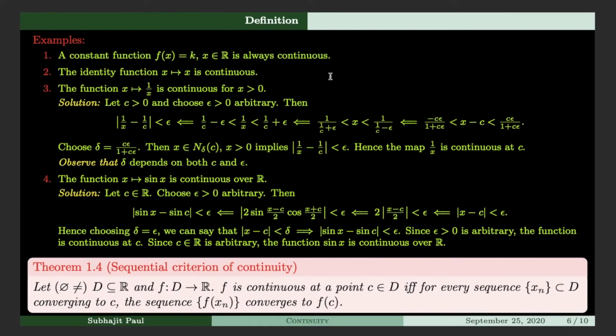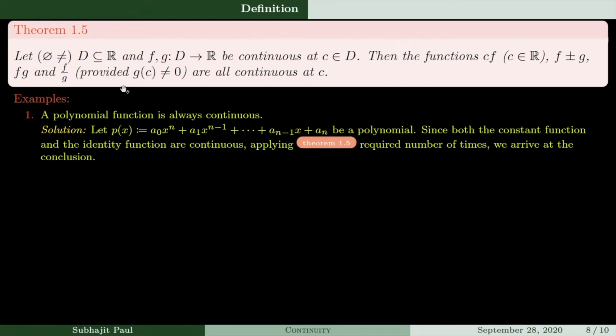This one is nothing but x into x into x, and this way it goes on n times. This x is a continuous function, this x is a continuous function, this x is a continuous function. So the product of all of them will be a continuous function by this result, the algebra of continuous functions. So x to the power n is a continuous function by repeated application of this one.